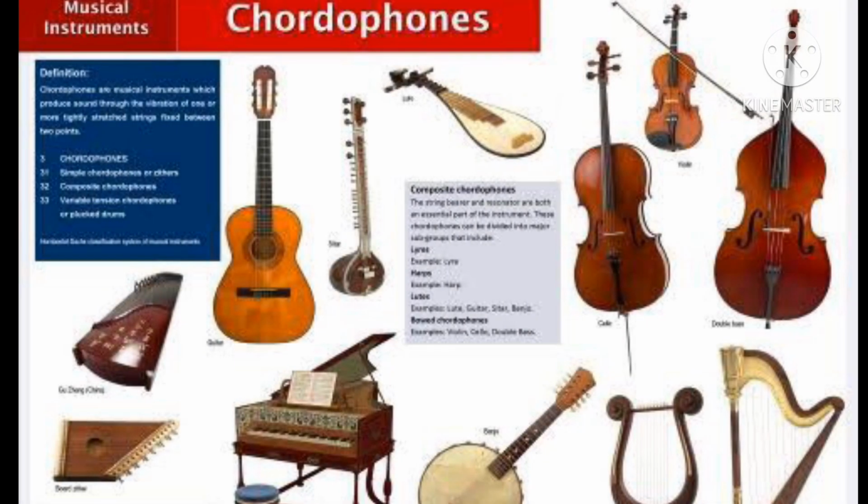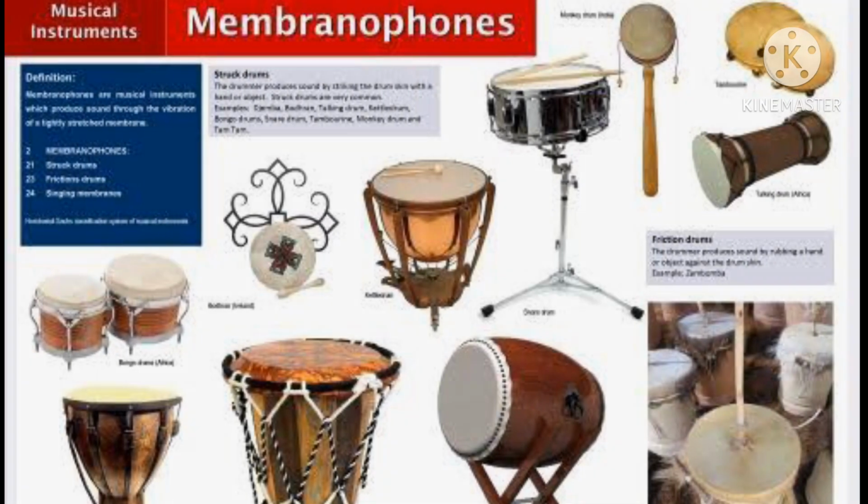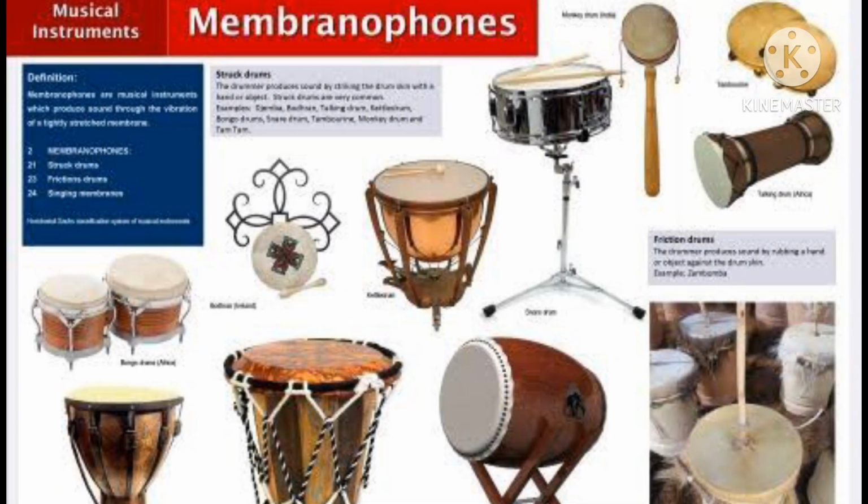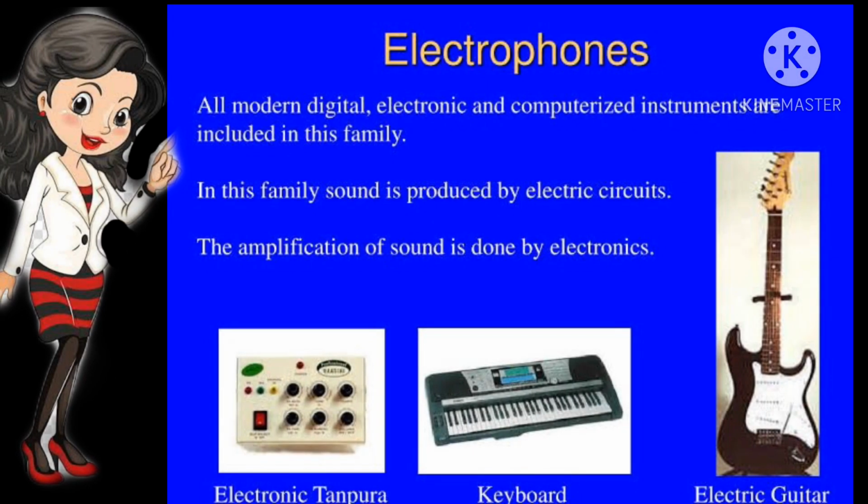Chordophones produce sound through vibrating strings that are either plucked, strummed, or played with a bow. Membranophones produce sound primarily by vibrating a stretched membrane tapped by hands or sticks. And electrophones produce sounds which are generated by electricity.